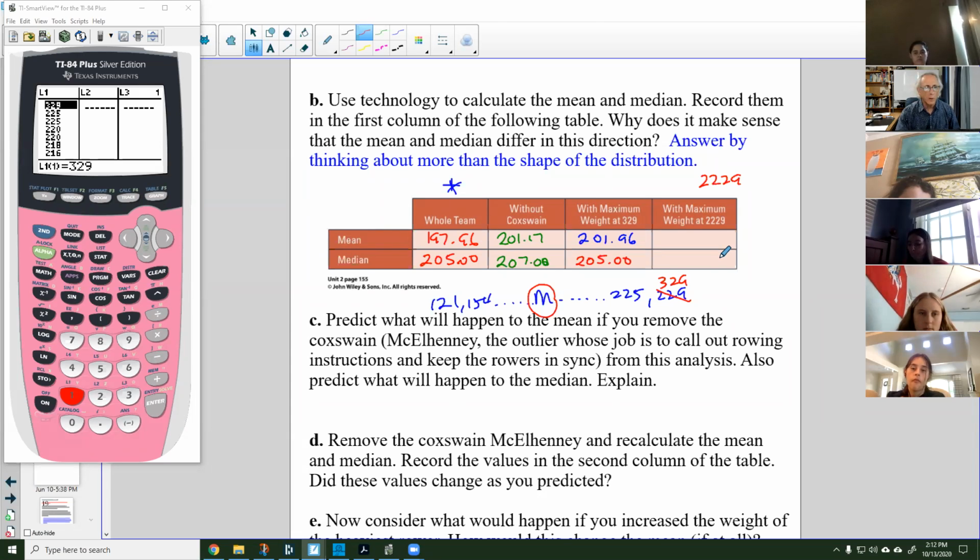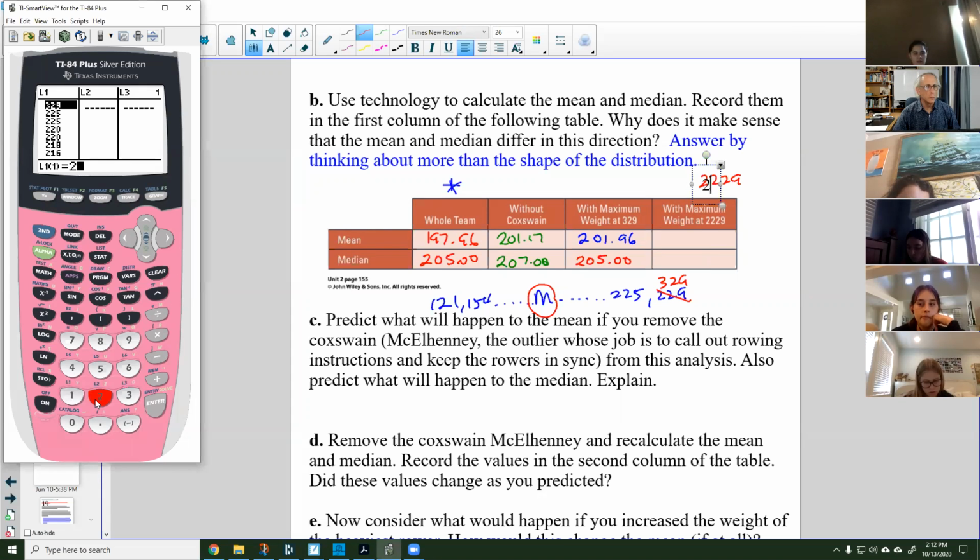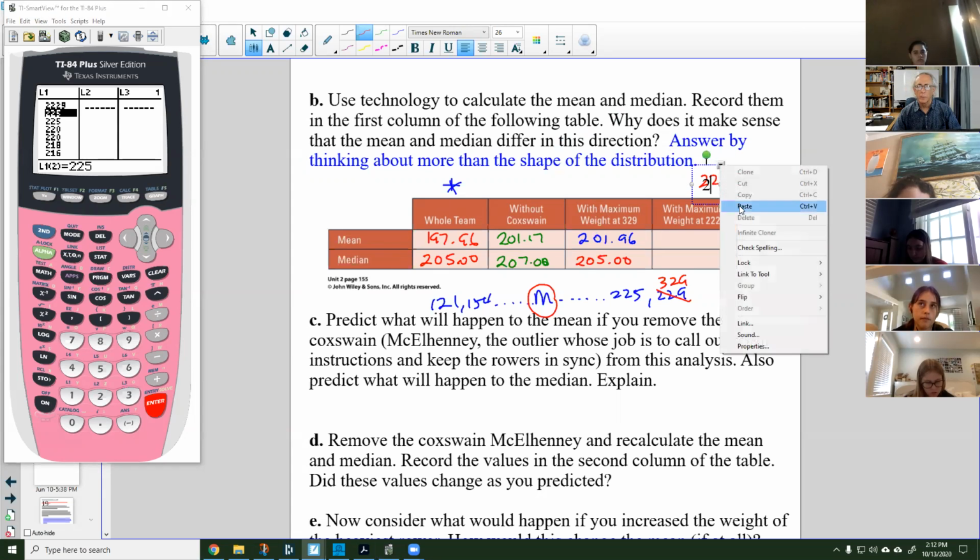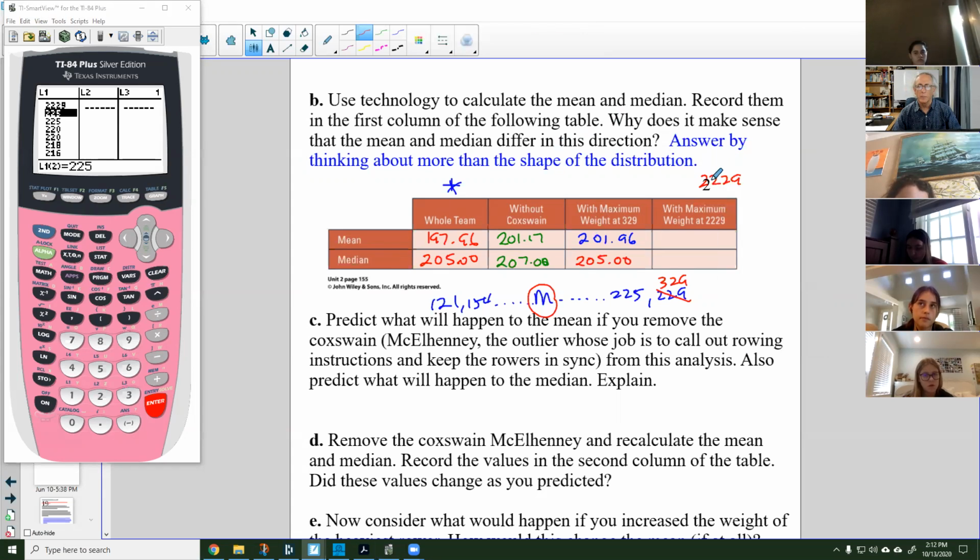Yeah, I think so. So I'm going to change this to 2229. Oh, wait, I'm in the wrong spot. Here, I'm over here. Okay, and it's clearly a mistake. All right, so I'm going to go stat, calc, 1 variable statistics.